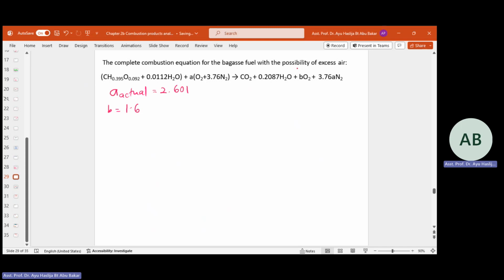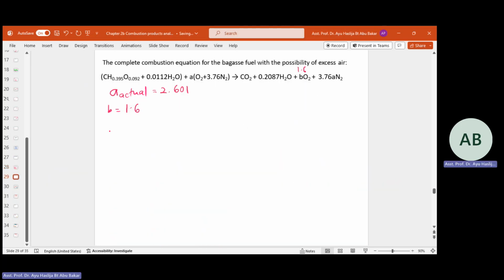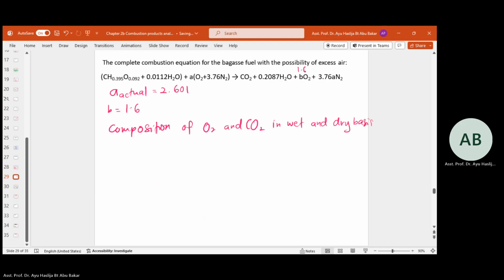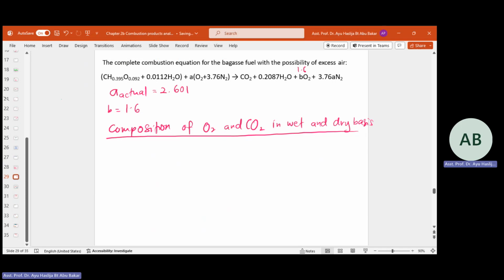Okay, so masukkan 1.6 kat sini. Then the question tadi dia nak composition of O2 and CO2 in wet and dry. Okay, what you should do next? Product composition. Apa equation dia?